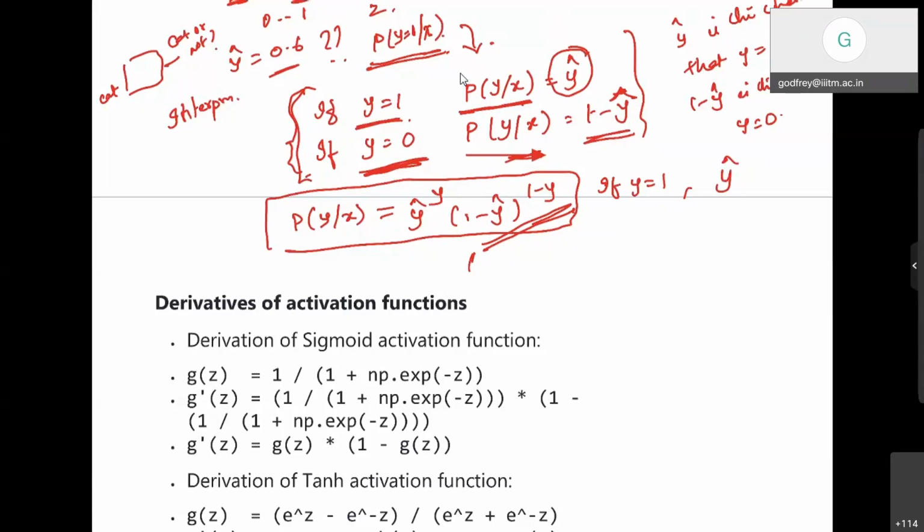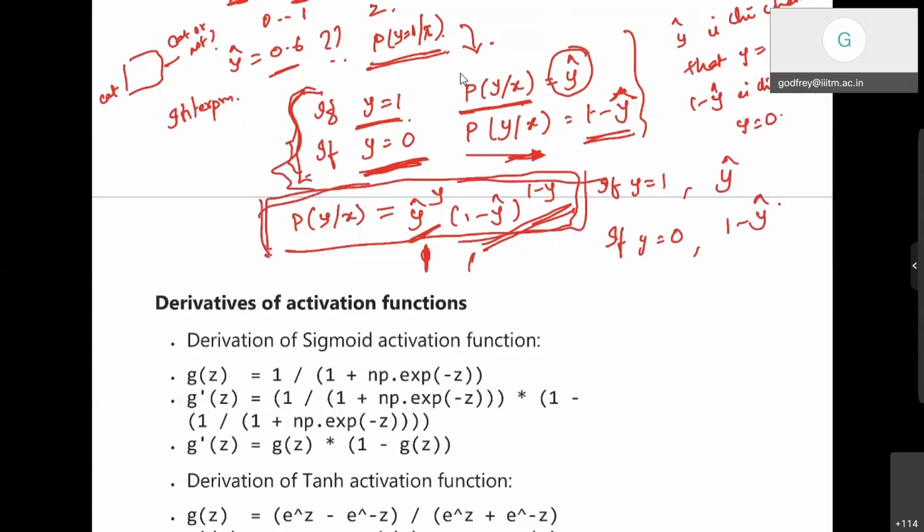On the other hand, if y equal to 0, then y cap power 0 is going to be 1, and over here you have 1 minus 0, so you get 1 minus y cap. So these two statements have been captured by this single equation.